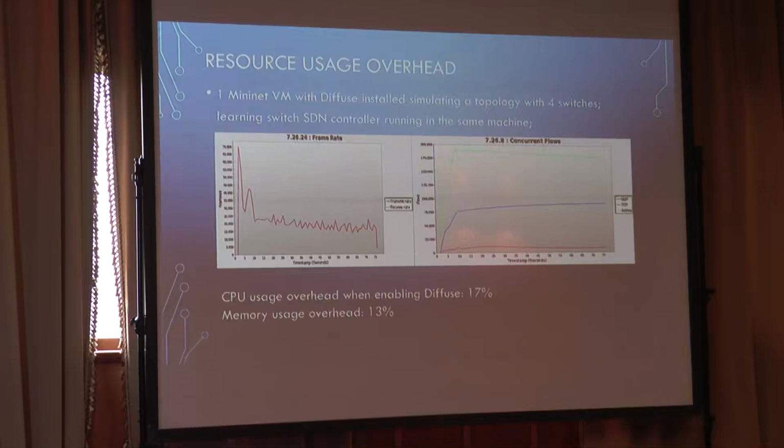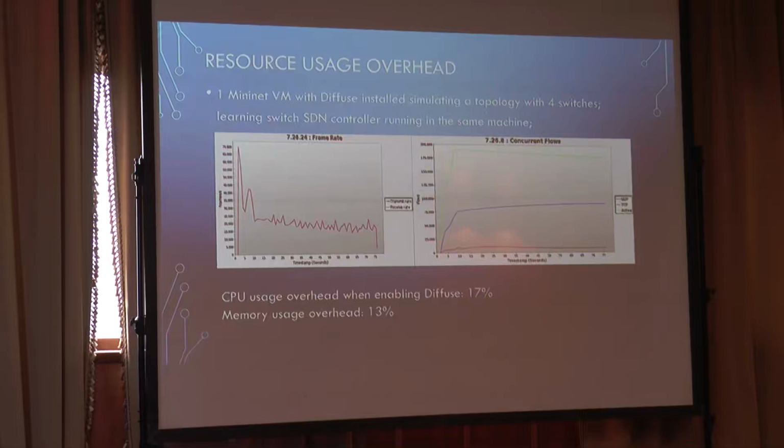The throughput was around 25, 30,000 packets per second. We did 2 experiments, one with DIFUSE disabled and one with DIFUSE enabled.